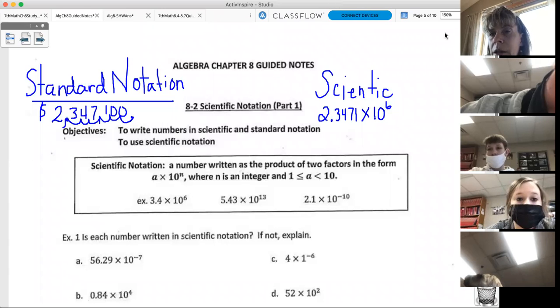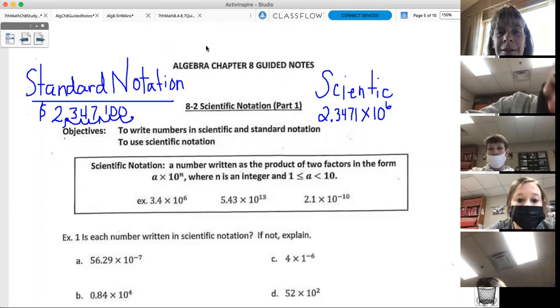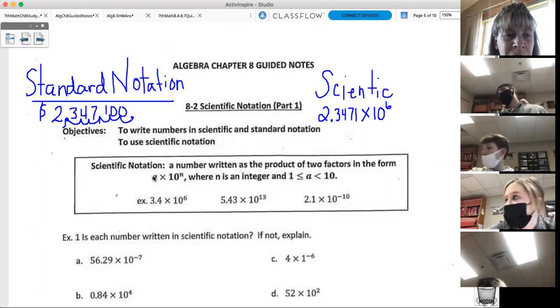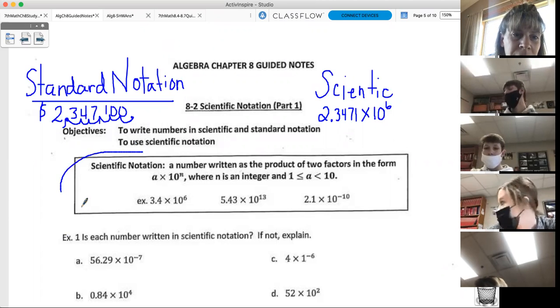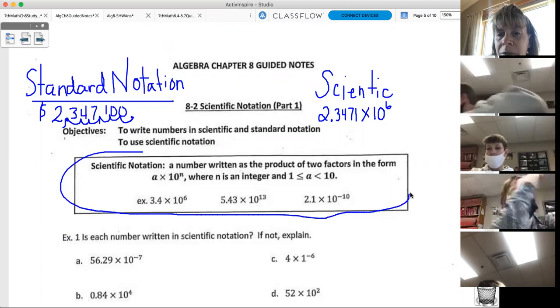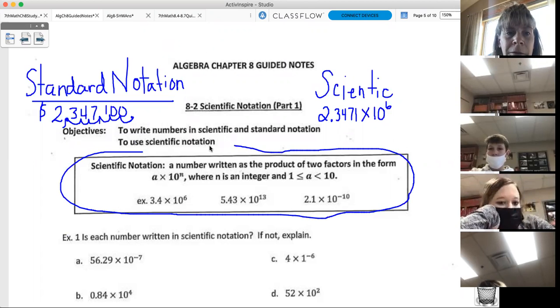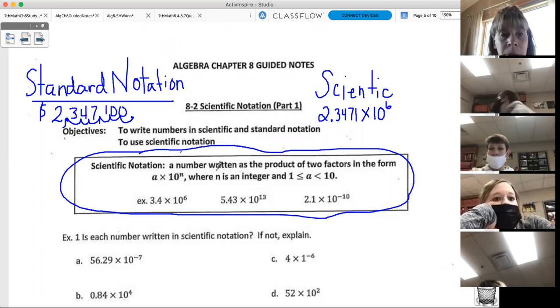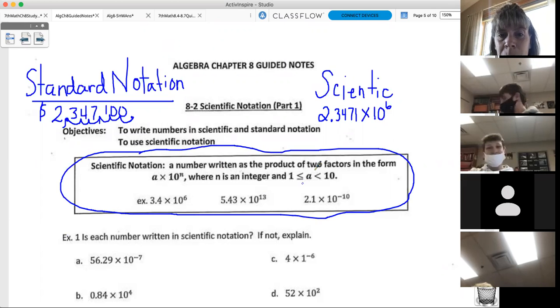Maddie, you had it too. All right, so you guys, this is the actual rule itself. Scientific notation is a number written as the product of 2 factors in the form a times 10 to the nth, where a is between 1 and 10. Okay, so that is our number.